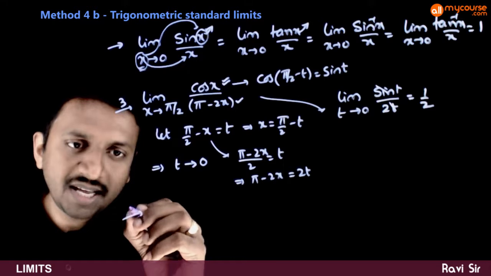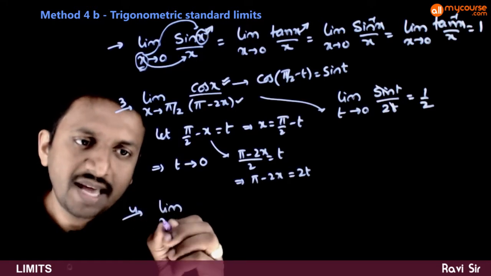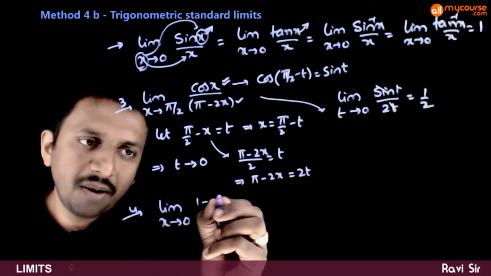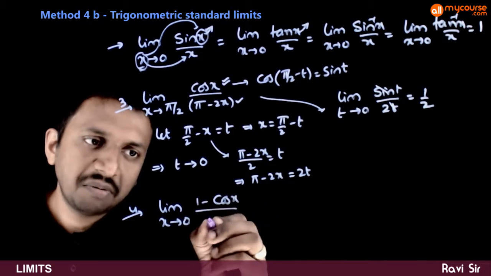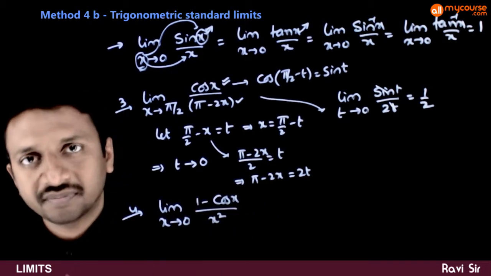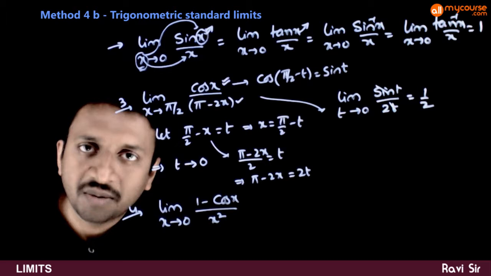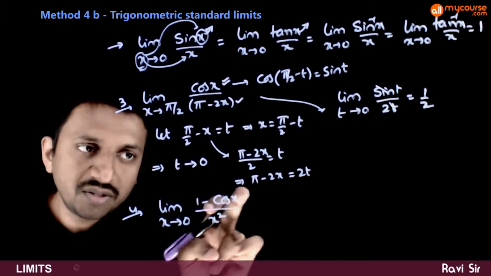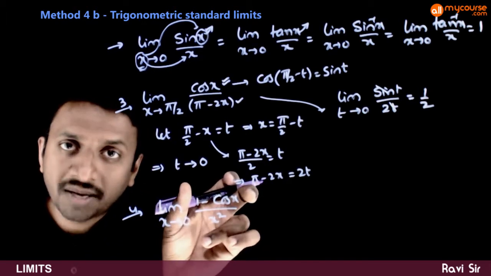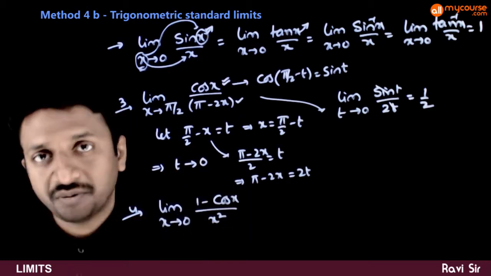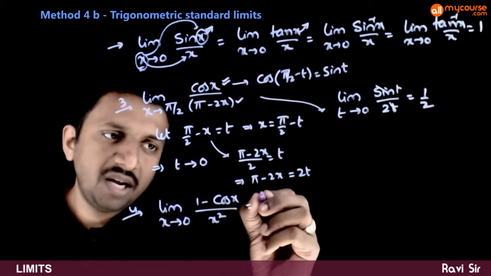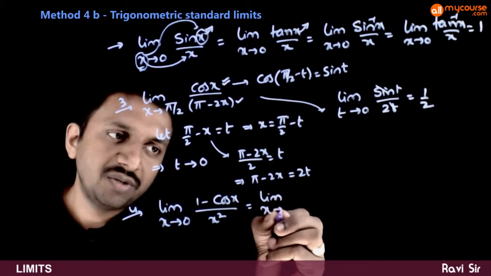So next, let us take another example, which is limit x tends to 0, 1 minus cos x by x square. So what is the value of this limit? If you put x is equal to 0, in the numerator you are getting 1 minus 1, so 0 by 0.